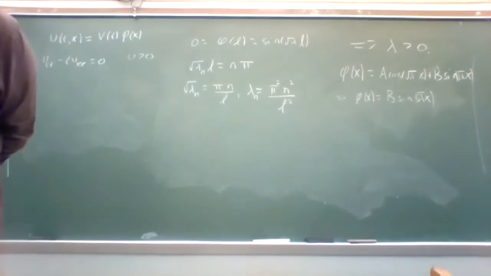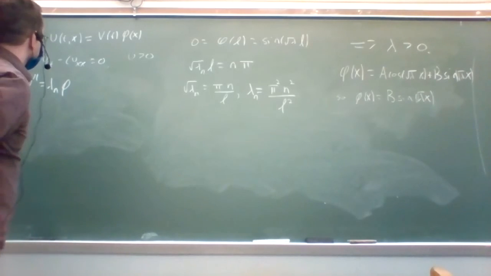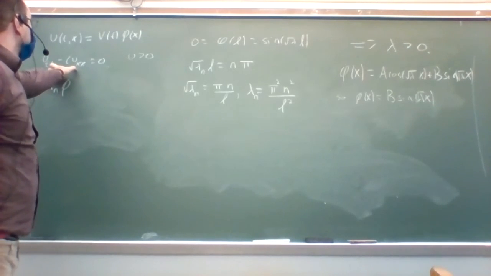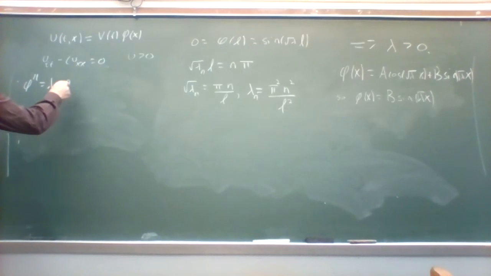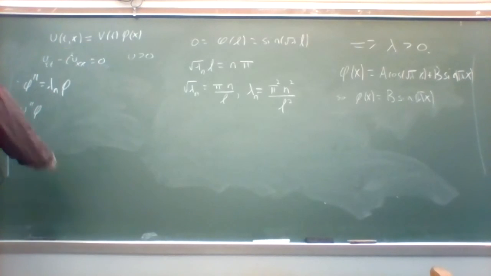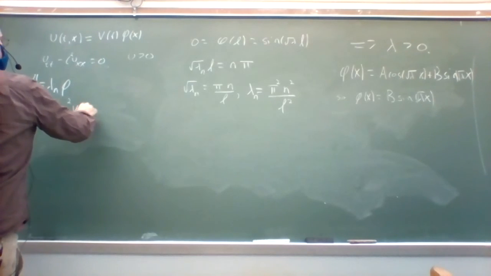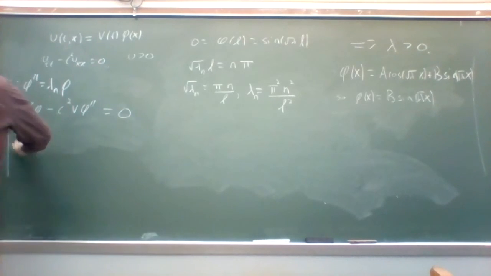We can use the fact that now we know phi double prime equals lambda n times phi. If you substitute that into the equation, you'll get v double prime phi minus c squared phi double prime equals 0.